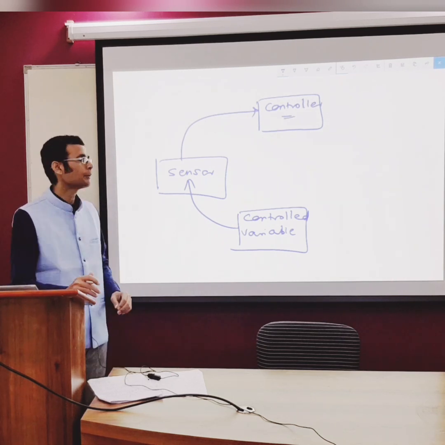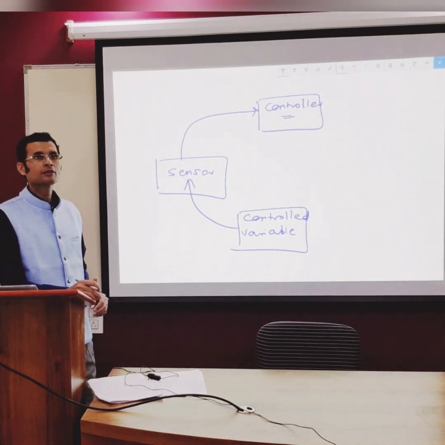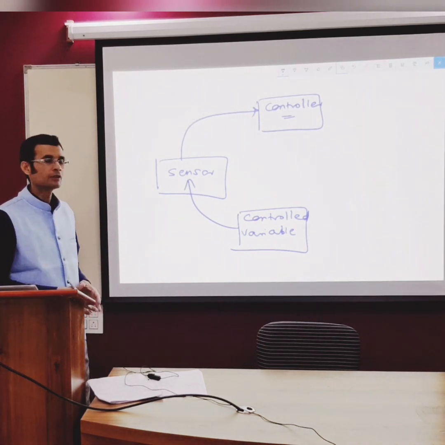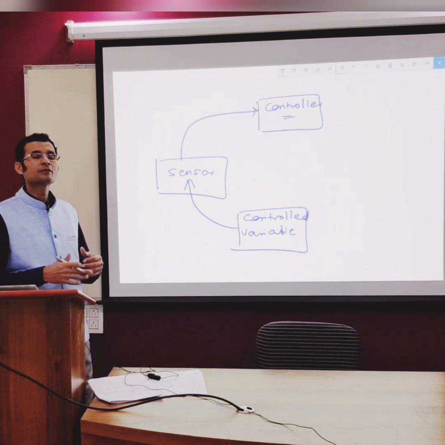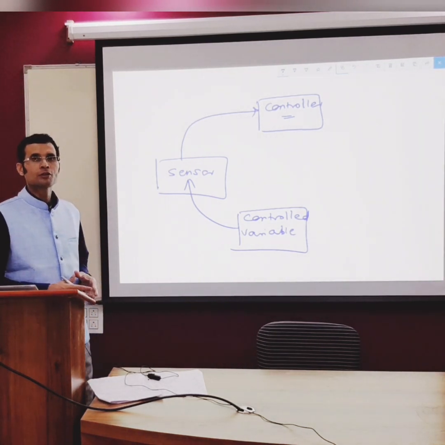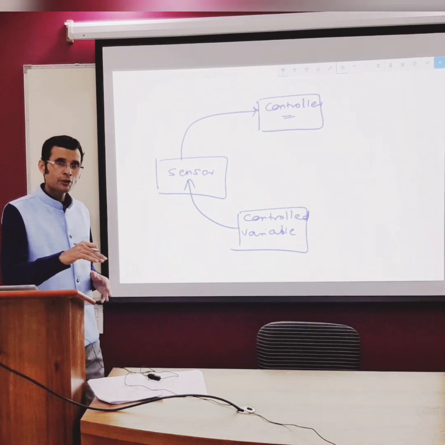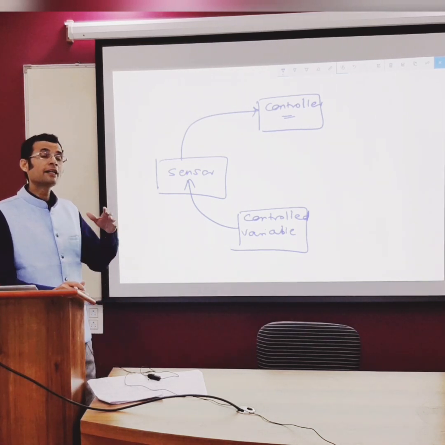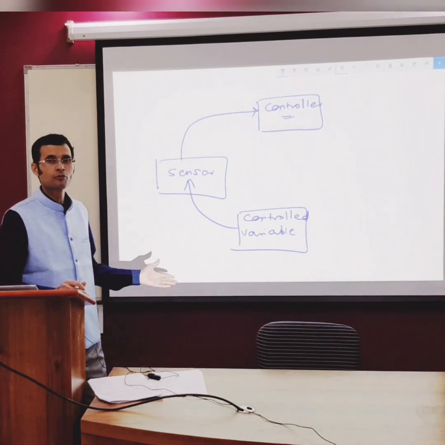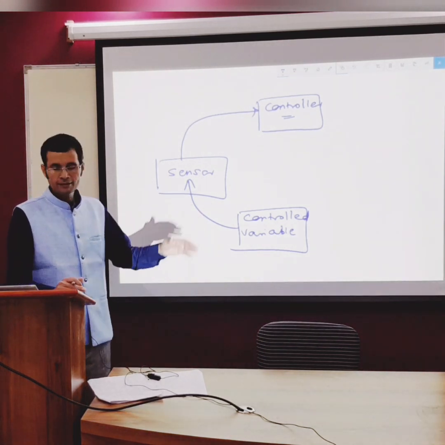Let's take an example. For instance, let's say blood pressure is a controlled variable. The sensor is baroreceptor and it sends the signal to the controller. The constant value is being sensed, and any disturbance in the milieu, any change in the controlled variable is also sensed and sent to the controller.